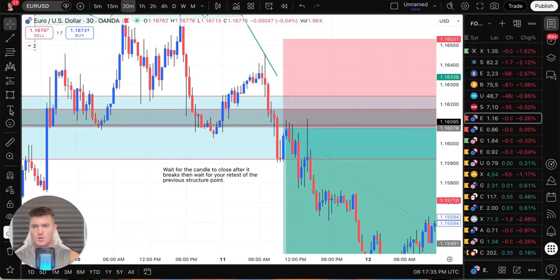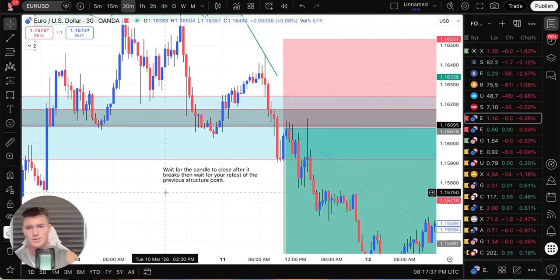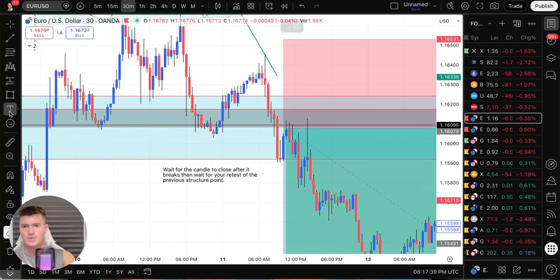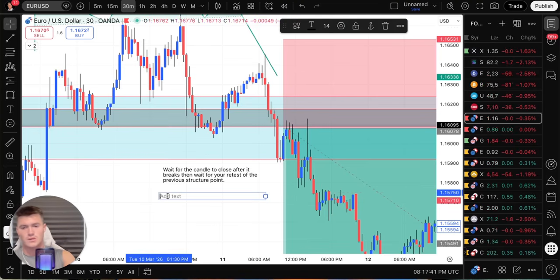I'm going to put right here, always wait for a clean break, meaning body candle close.